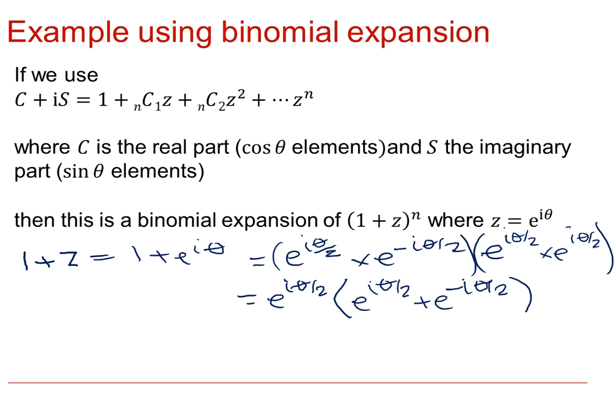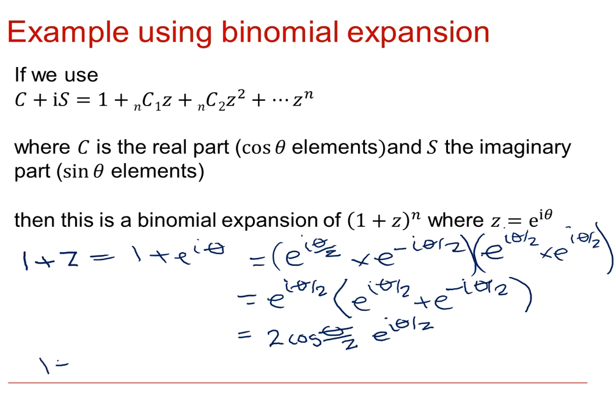And you may remember that that bracket is the same as 2 cos theta over 2. So we can then write it as 2 cos of theta over 2 times e to the i theta over 2.